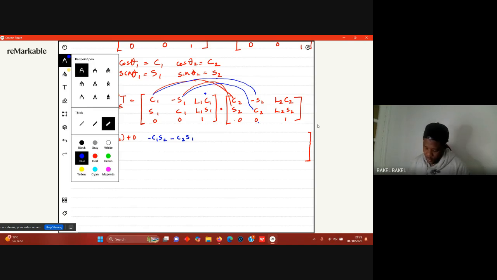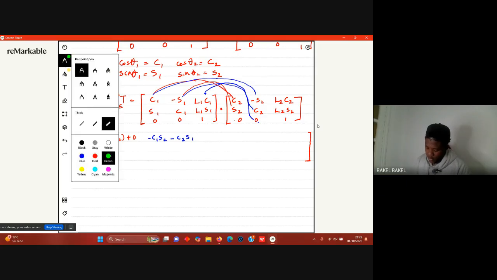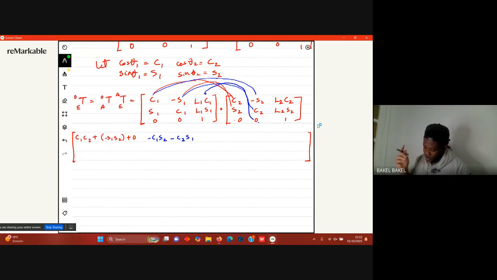We use another color. Then we have C1 and this. That becomes C1 L2 C2.